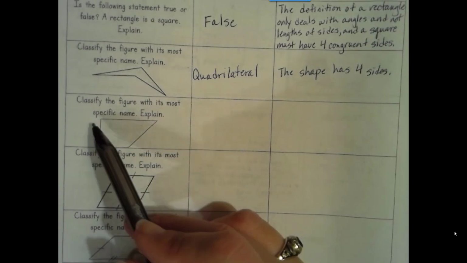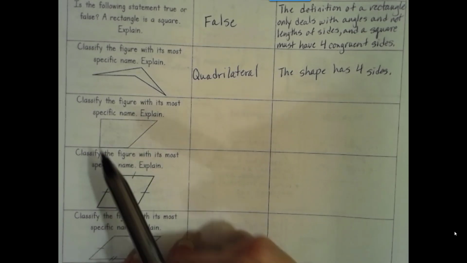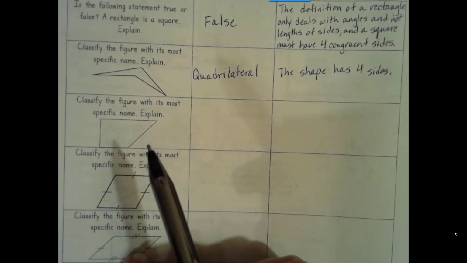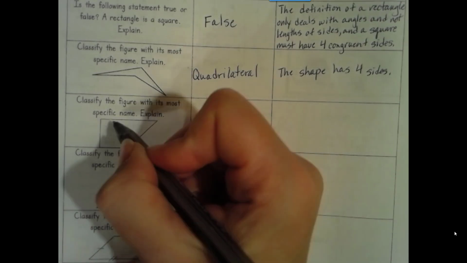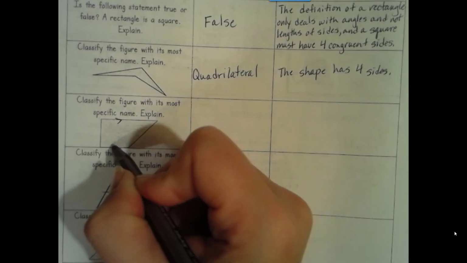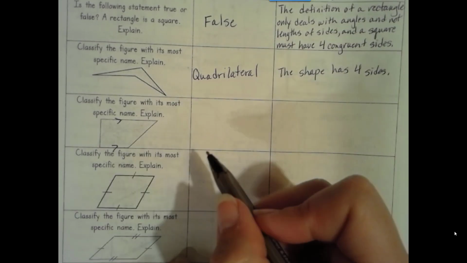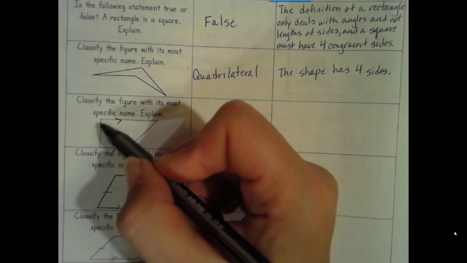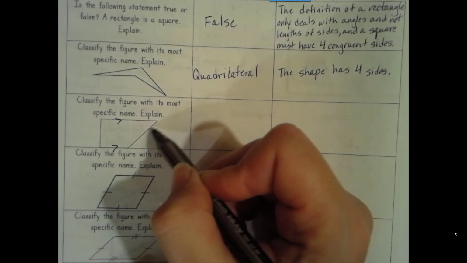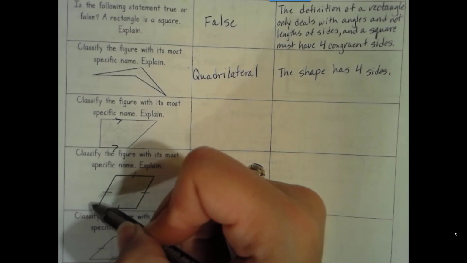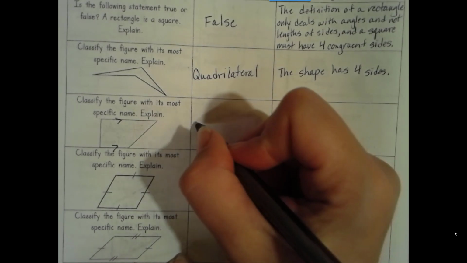Okay, classify the figure with its most specific name. Well, it does have 1, 2, 3, 4 sides. So it is a quadrilateral. It does have a pair of parallel sides here. They're the equal distance apart the whole way. If I extend them out, they will not cross. But these 2 sides are not parallel. They are not an equal distance apart. If I extend them, they would cross. So one pair of parallel sides would be a trapezoid.